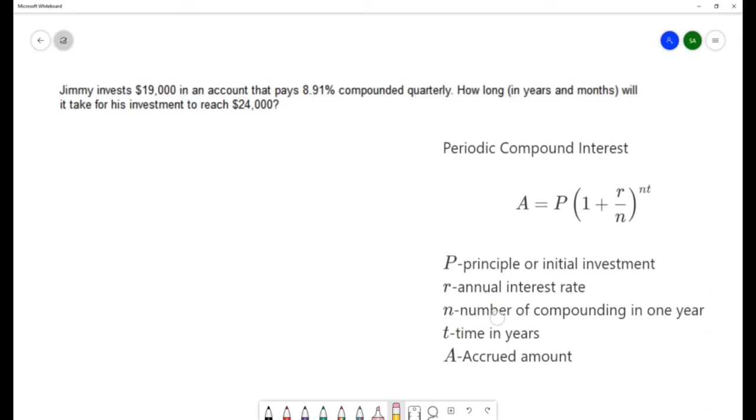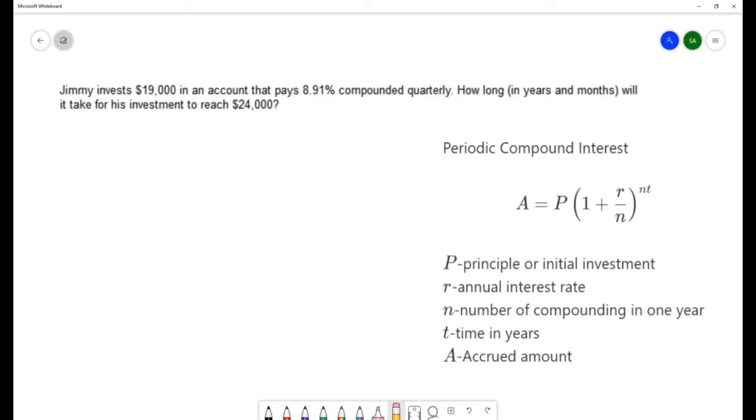N is the number of compoundings in 1 year. What that means is how often the interest is added into the account. So the number of times interest is added in 1 year. T is time in years, and A is the accrued amount, the amount after some period of time.